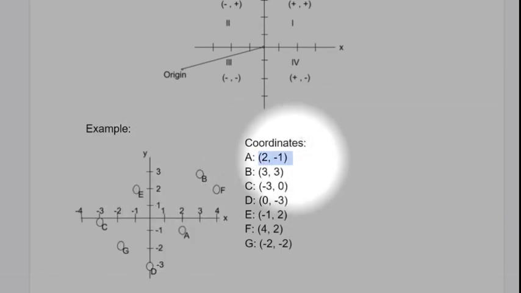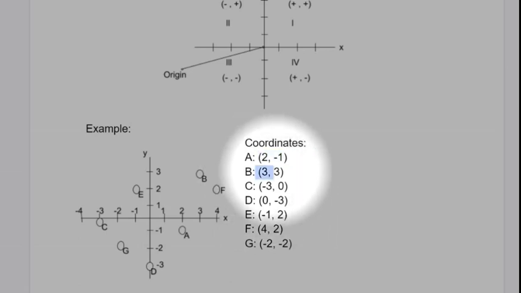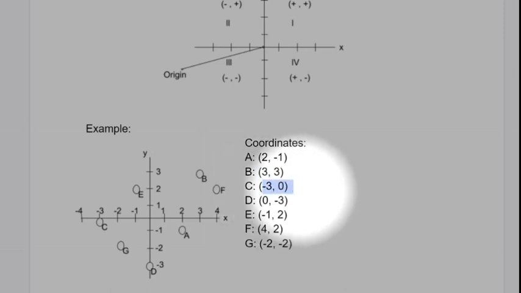So say you have for A 2 and negative 1. So you go to 2 on the x-axis and negative 1 on the y, and you plot it over there. Then you have for B 3, 3. So you go to 3 on the x-axis and 3 on the y-axis, and B is going to be over there. Then C is negative 3, 0.